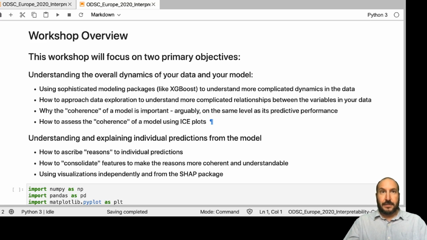And when you use something like XGBoost or boosting in general, one of the advantages is that you can understand more complicated dynamics in your data. And this often creates a challenge for people, because if you're used to just working in the world of linear logistic regression, you're used to models that are easy to interpret, but they're easy to interpret because they're a bit oversimplistic.